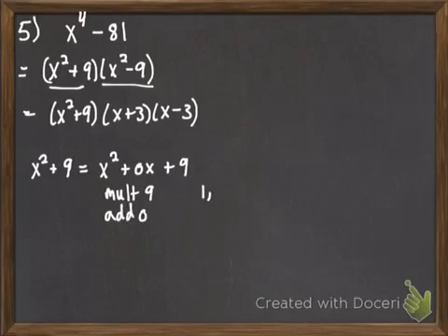Well, the numbers that multiply to be 9 are 1 and 9, and positive 3 and positive 3. Neither one of those add to be 0, and so for that reason we conclude that polynomial x squared plus 9, and in fact it's true for any sum of squares, is prime and cannot be factored. The only thing you may be able to factor out of a sum is a common factor. Okay, so that's all you can do. So that's factoring a difference of squares.